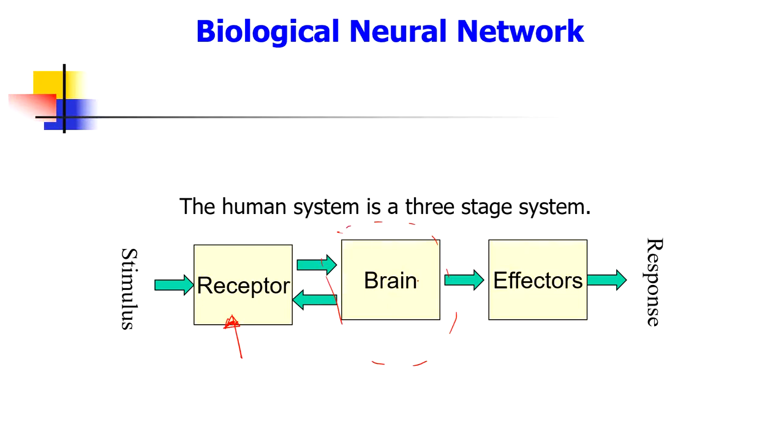The brain will receive input from the receptors, and later on it can give some sort of output to the effector. Effectors are, let's say, the movement of our arm, our reflexes, and so on. This is the process of how the human reacts based on the given input, and what type of output will be produced based on the sense of the receptor.